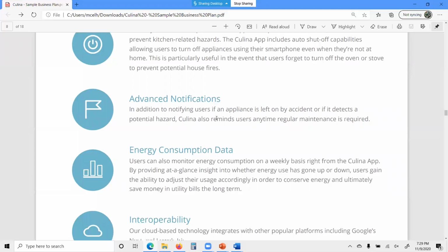And then anytime regular maintenance is required too. You've got a stove that's maybe something's malfunctioning in the heating element. Somehow this device is able to monitor that.